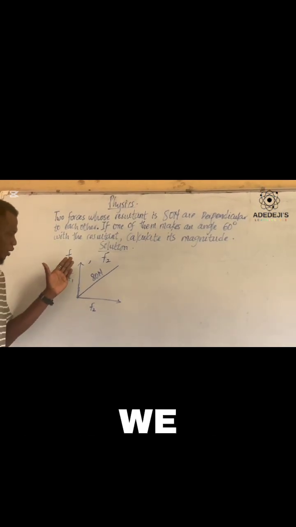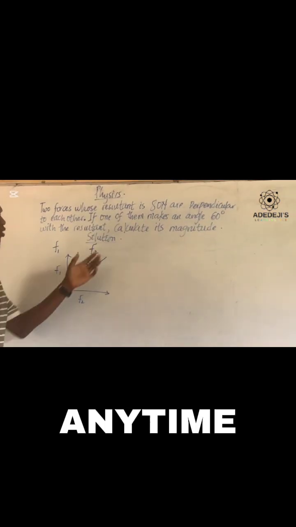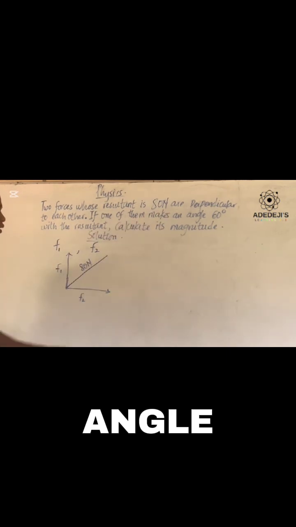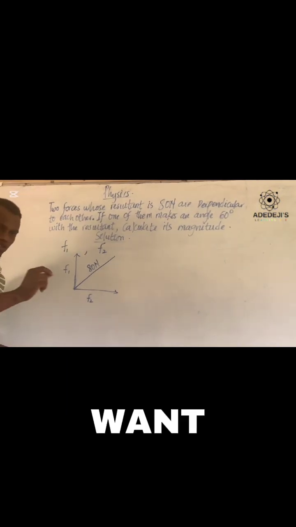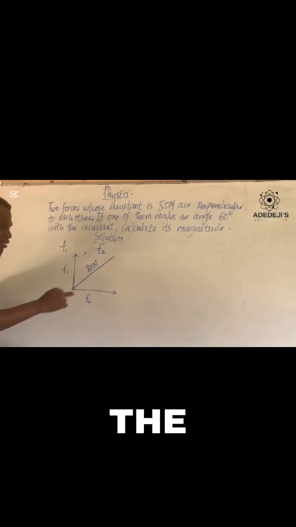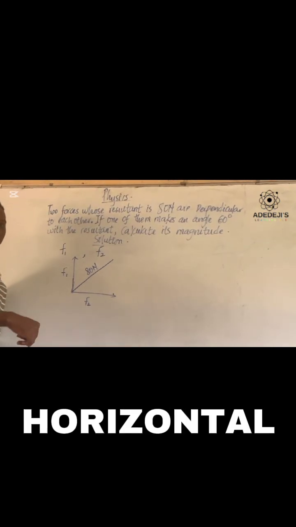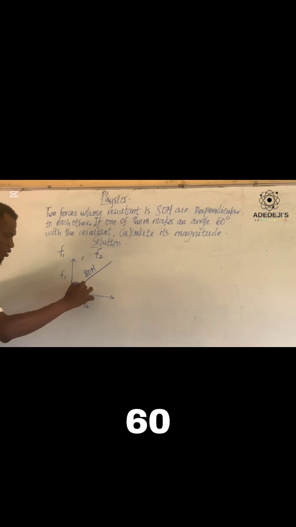In this case, we have vertical force, which is F1 and F2. Anytime you are given an angle and they didn't tell you the position or there is no diagram, I want you to know today that the angle is always between the resultant and the horizontal force. Therefore, this is our angle, 60 degrees.